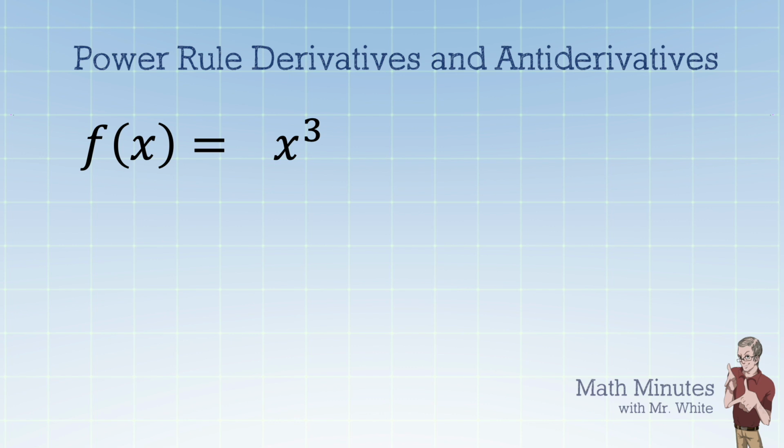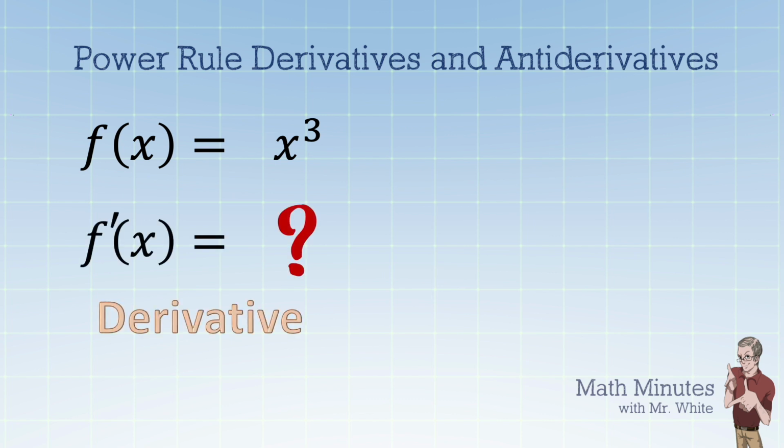Here's a function f of x equals x to the third, and they're going to ask us to take the derivative. So we're going to find f prime here. That's called finding the derivative of the function. So the way we start is we start with the function itself, x to the third, and we take the exponent and we throw it out front as a coefficient. So it becomes 3x to the third, but wait, we're not going to leave the exponent as a 3.